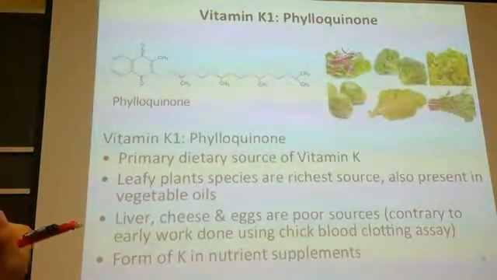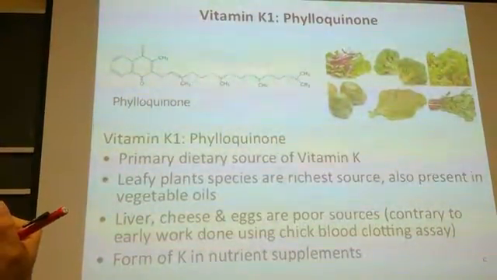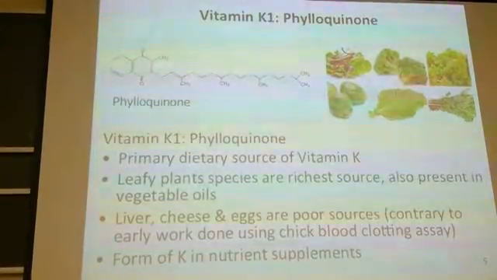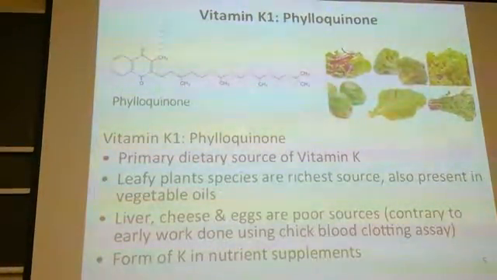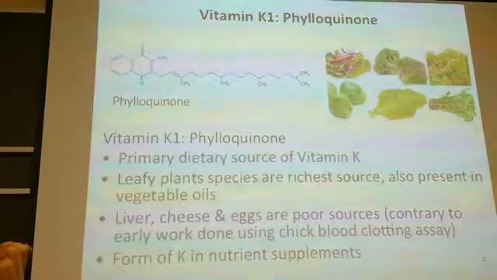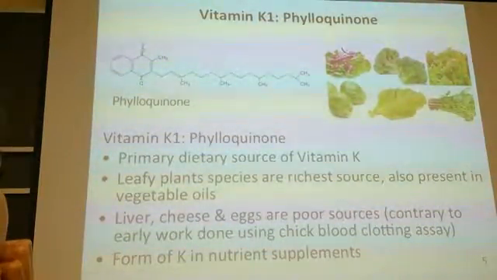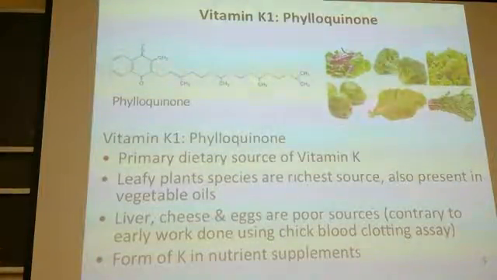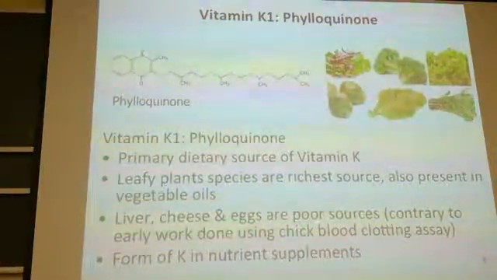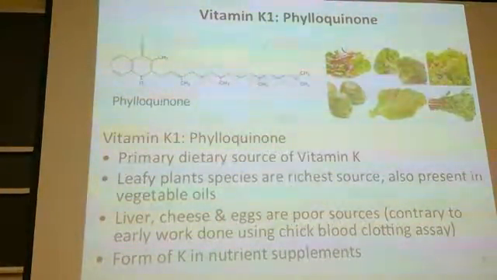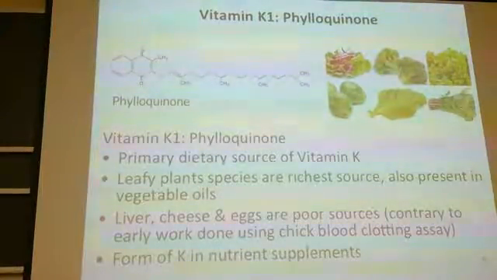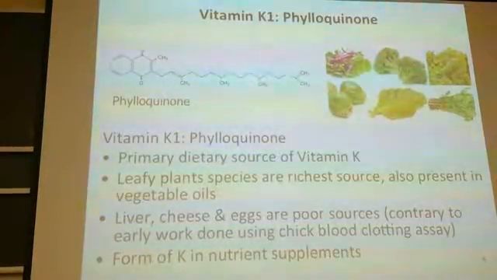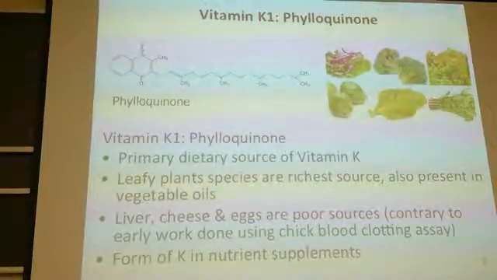So vitamin K1, phylloquinone, is shown here again. It's our primary dietary source. This is the form we obtain mostly in the diet from leafy plant species. It's also present in vegetable oils. Dam's early work on chicken coagulation suggested that liver, cheese, and eggs would be good sources of this vitamin, but they're actually really poor sources.